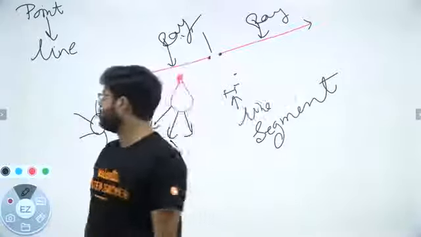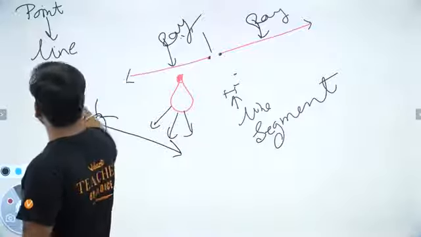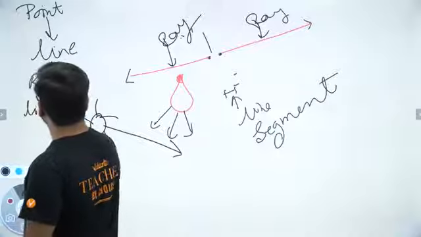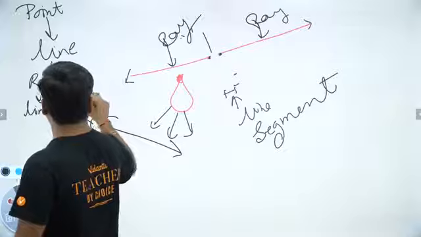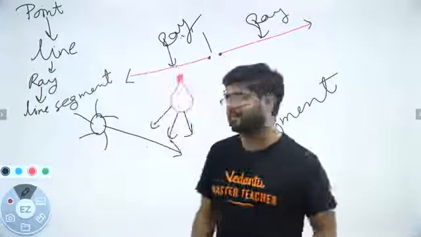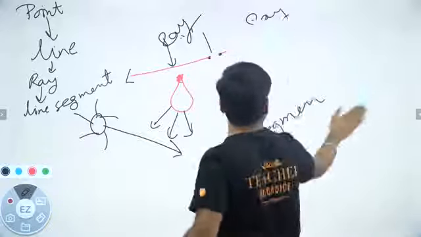Okay. So now we have discussed a line. We have discussed a ray. We have discussed a line segment. Okay. Now, there is something really very interesting from it. Let's try to discuss that and understand that.